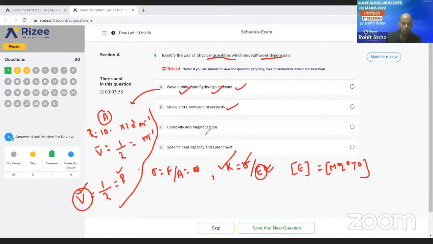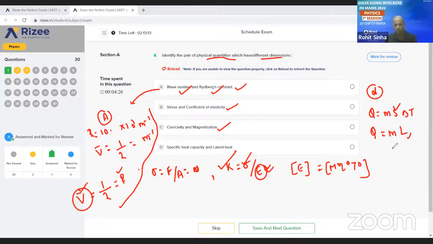Option C, permittivity and magnetization. You remember, these are also the same. Now option D, specific heat capacity and latent heat. You know Q is equal to m s delta T, and another formula is Q is equal to m L. L is latent heat and S is specific heat capacity.